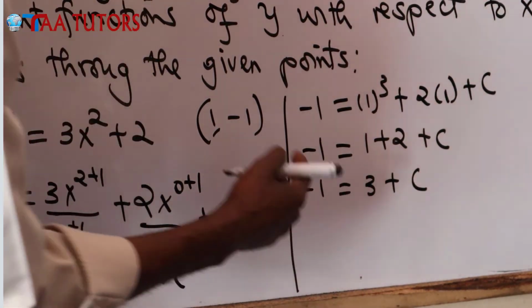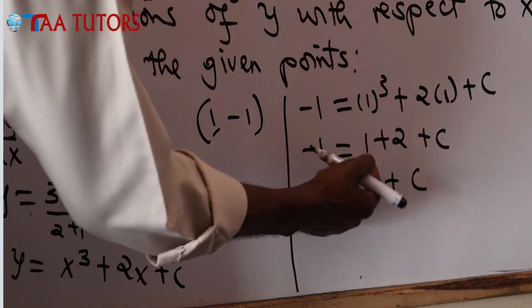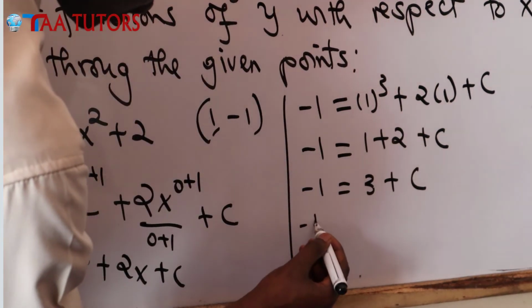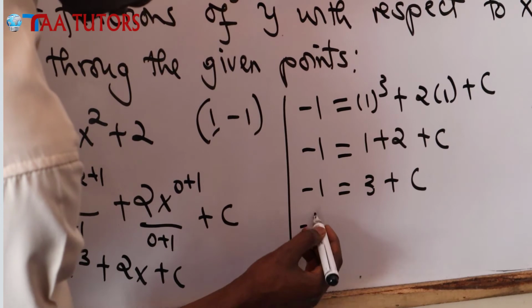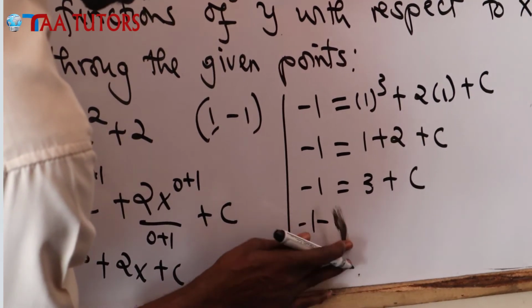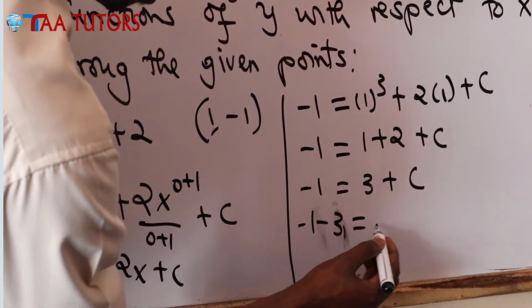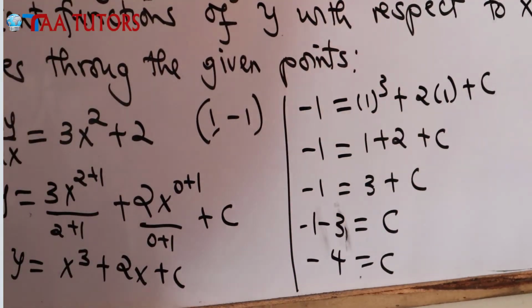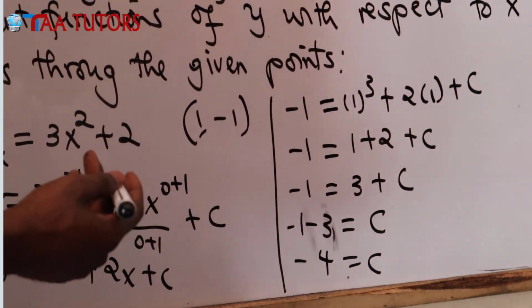If we bring 3 to the other side of the equation, we'll get negative 1 minus 3 equals c. This is negative 4 equals c. So we have got c being negative 4.